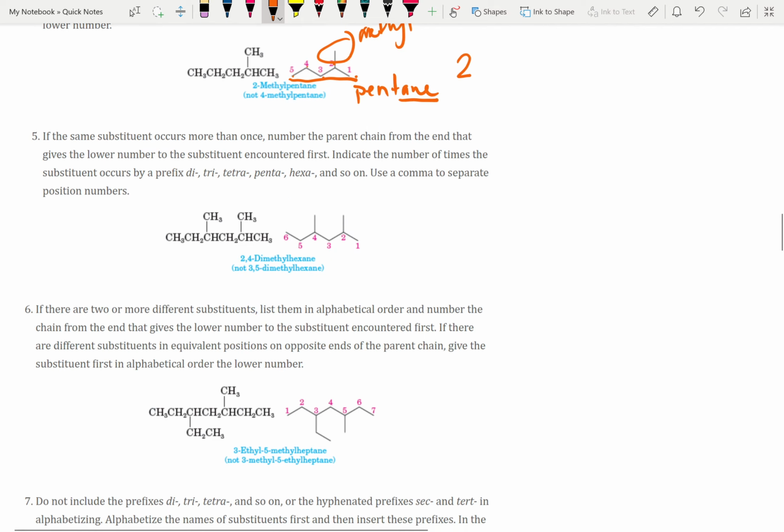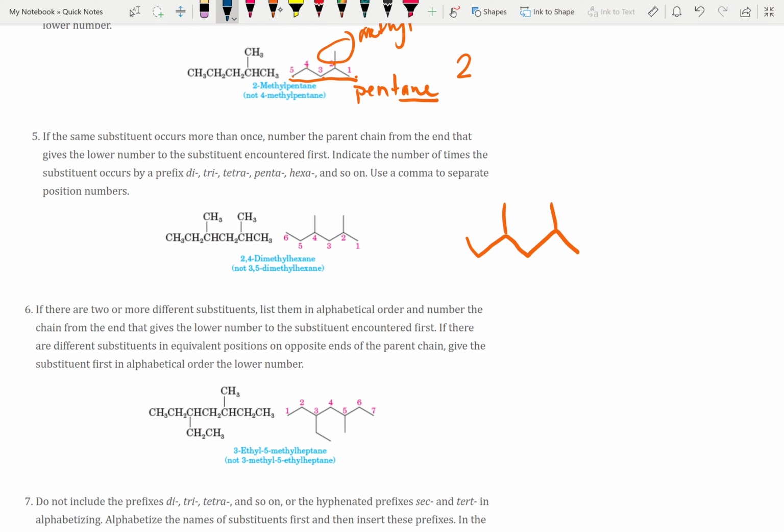So here's another example. We have a 6 carbon chain, and on carbons 2 and 4 we have a methyl group. So how do we name that? So you start off, let me redraw this. You have to number your chain so that your first branch is at the lowest number, on the longer chain.